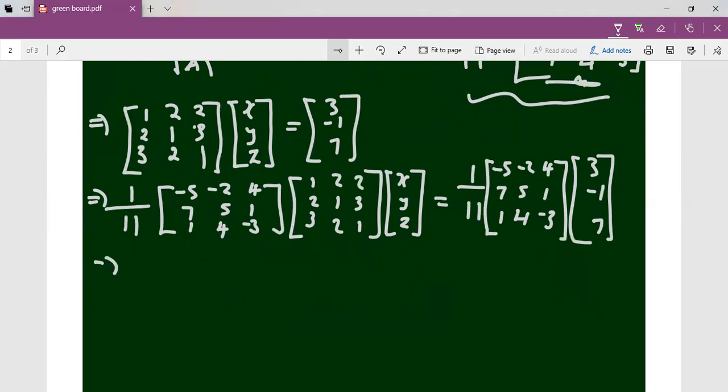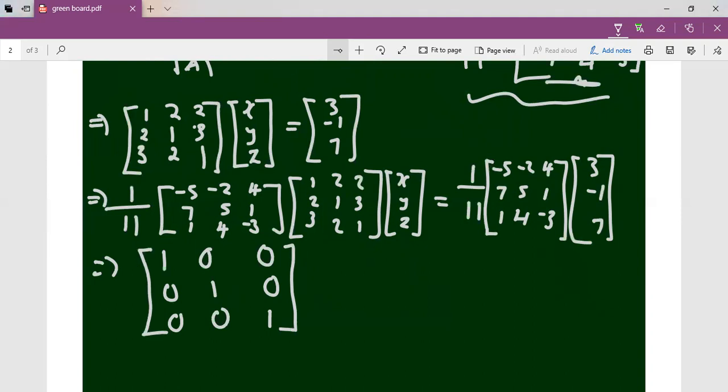So the identity for a 3 by 3 matrix is 1, 0, 0, 0, 1, 0, 0, 0, 1. If you want, you can multiply and arrive at that, but you just waste time. So this is what we are going to get.